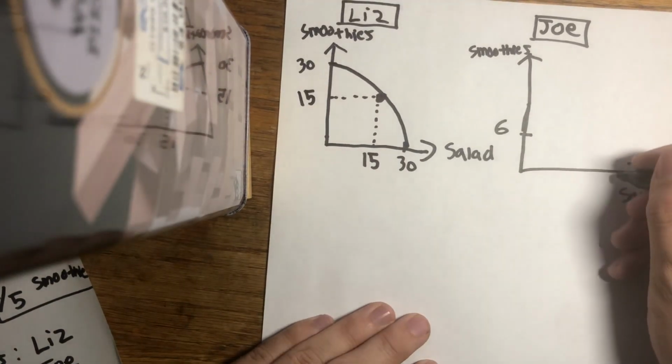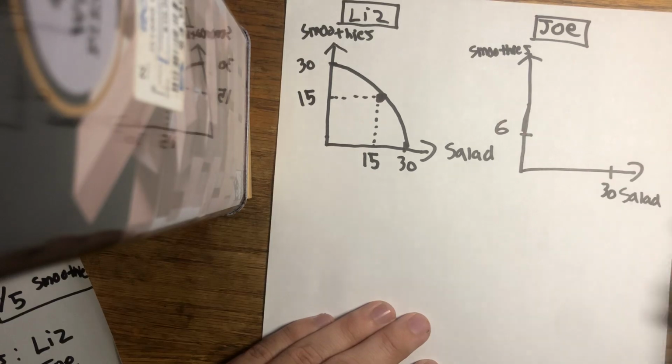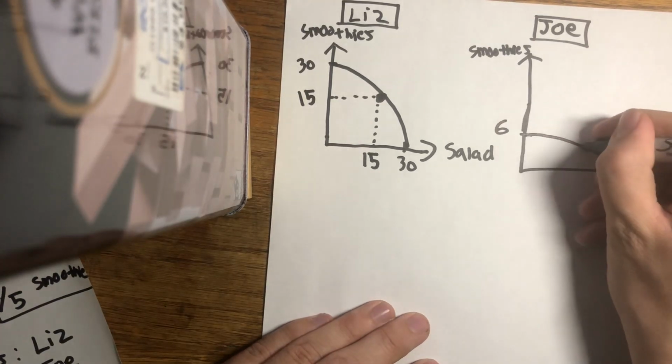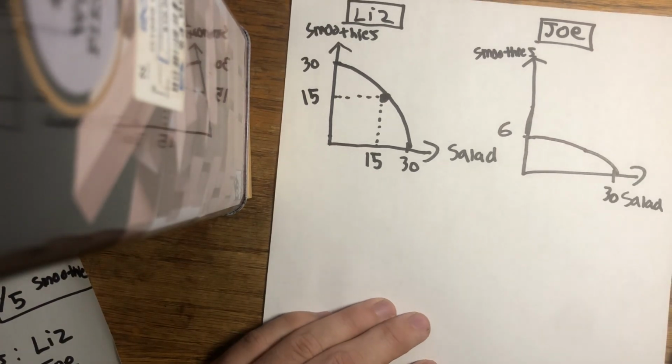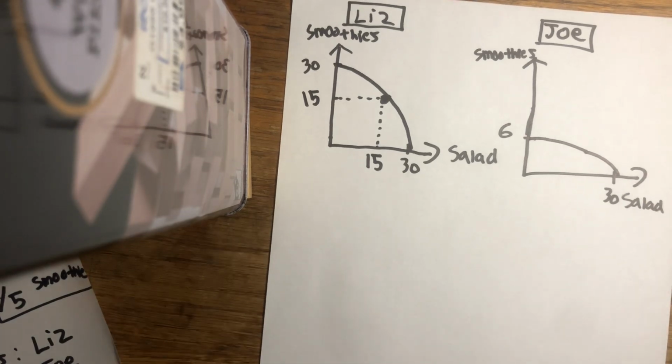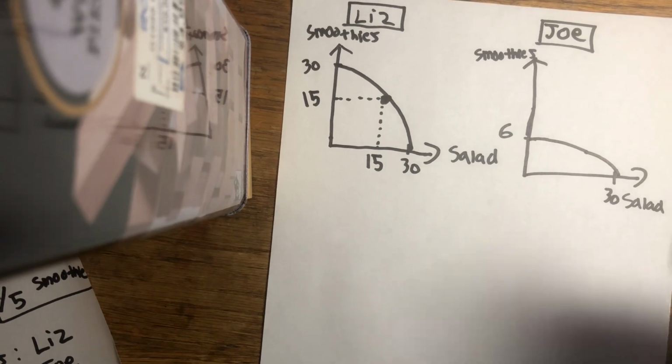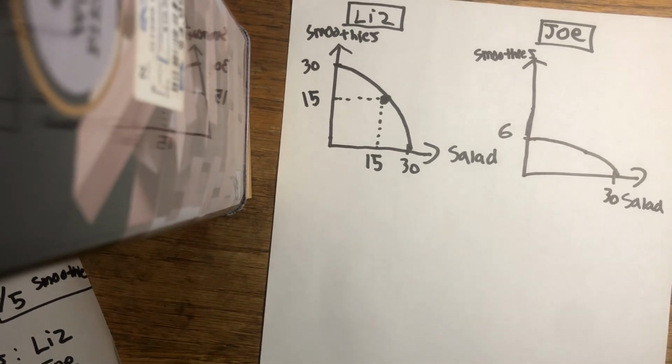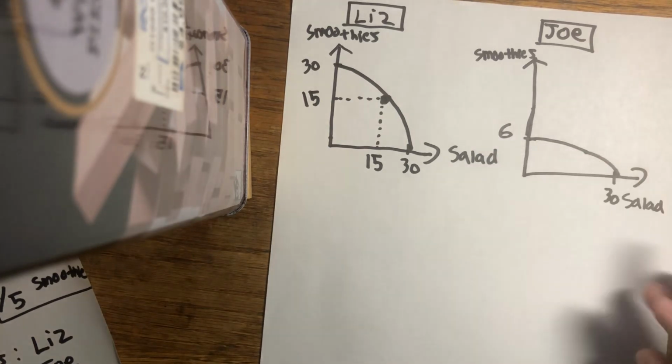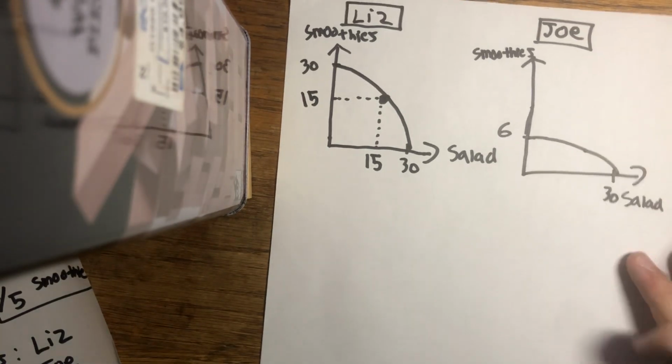So that's 6. And then we have something way at the end, which is 30. So we have this kind of weird looking production possibility curve. Now, suppose he wants to devote similar resources to make both of them. So if he wants to make strictly 5 smoothies, then how many salads will he make in return?